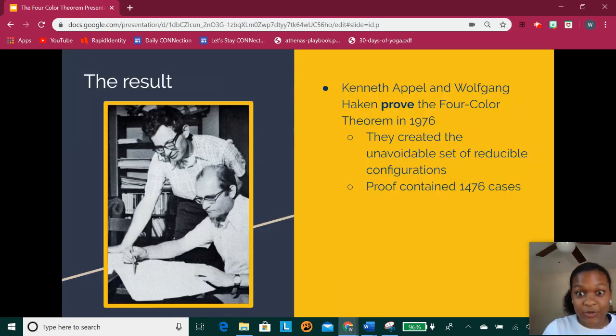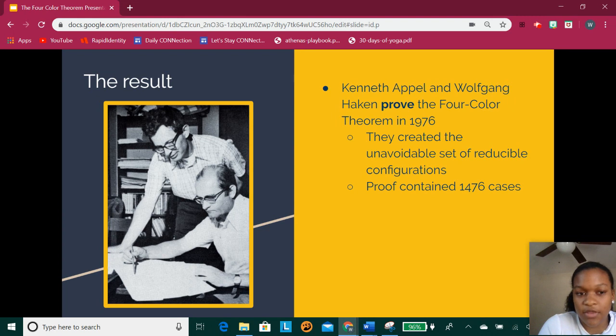So what was the result? Well, we fast forward in time a little bit. We come to Kenneth Appel and Wolfgang Haken, and they proved the Four-Color Theorem in 1976. They were able to create the unavoidable set of reducible configurations, and their proof contained 1,476 cases, which means the unavoidable set they created had 1,476 configurations.